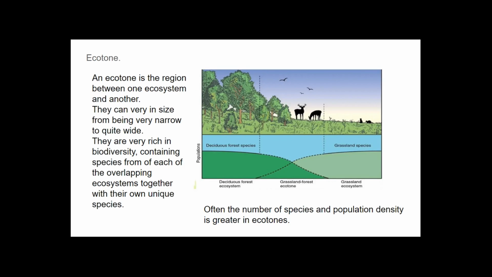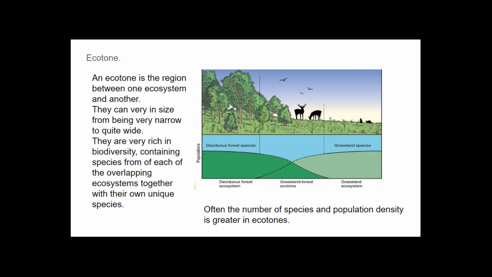After that, we have what is called an ecotone. An ecotone is a region between one ecosystem and another. They can vary in size from being very narrow to quite wide, and they are very rich in biodiversity, containing species from each of the overlapping ecosystems to give their own unique species.